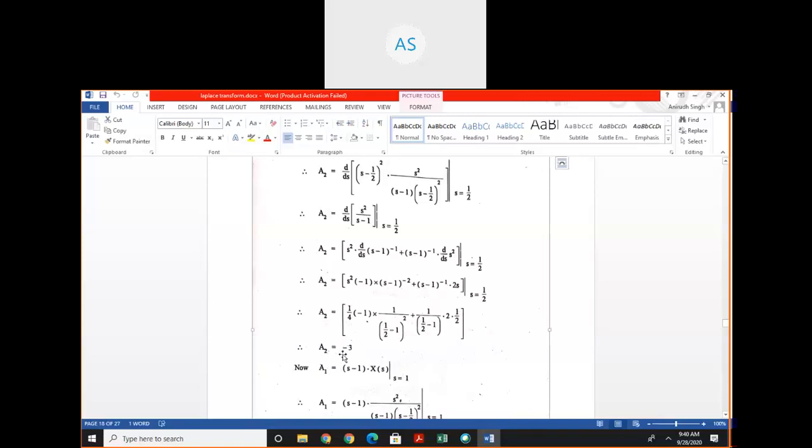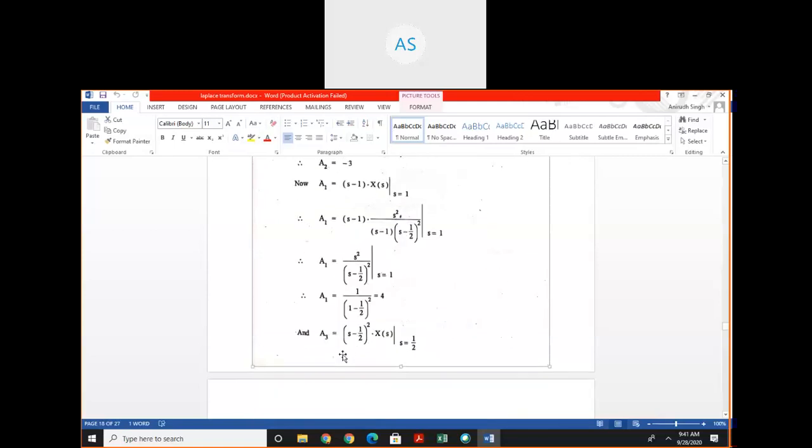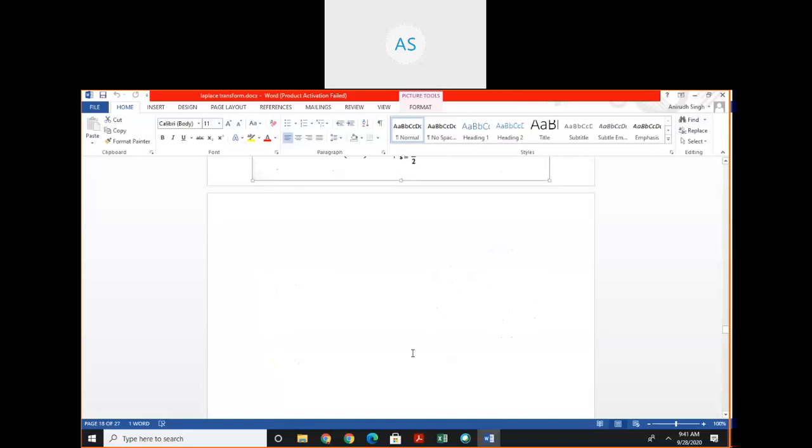See the differentiation and substitute the value of s is equal to half, similarly s is equal to half. And if we simplify this equation, we get the value of A2, which is equal to minus 3.